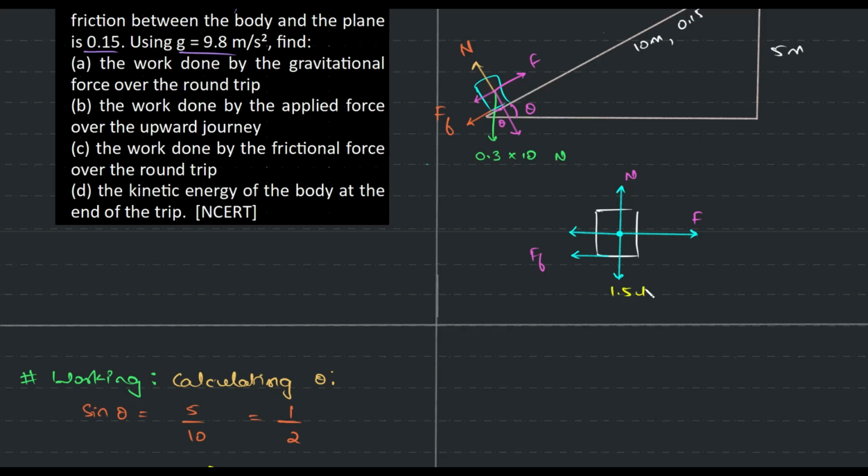So 1.5 root 3 Newton. And this is 1.5 Newton. And this is normal force. So let me change it to R as a reaction force, if not, it's confusing. So this also will be 1.5 root 3 Newton. Frictional force will be this times 0.15. So 1.5 root 3 times 0.15. So many Newton.